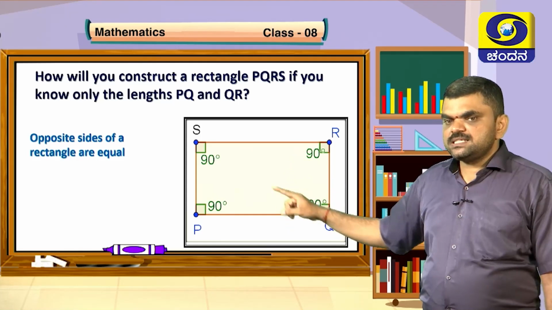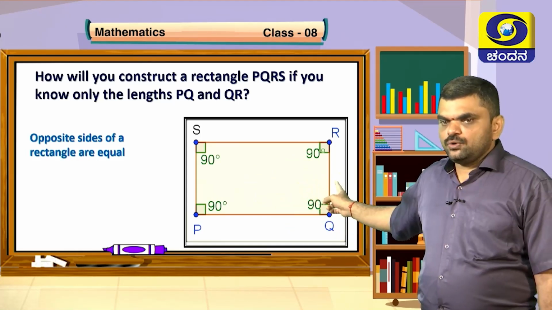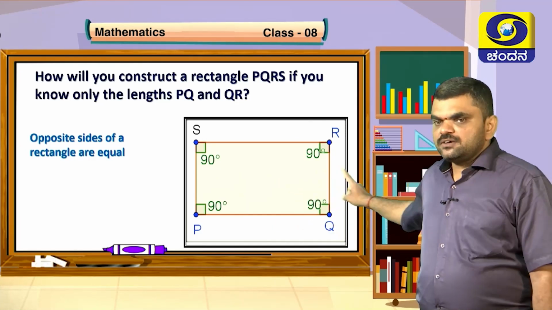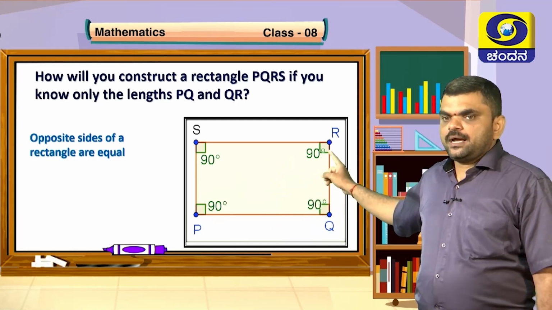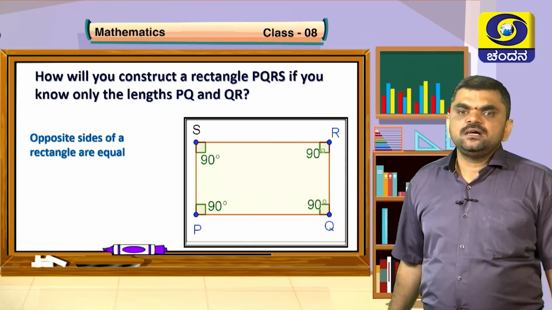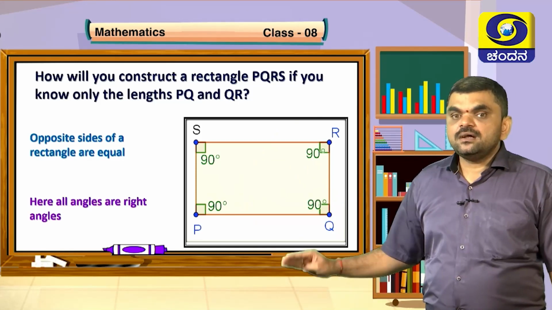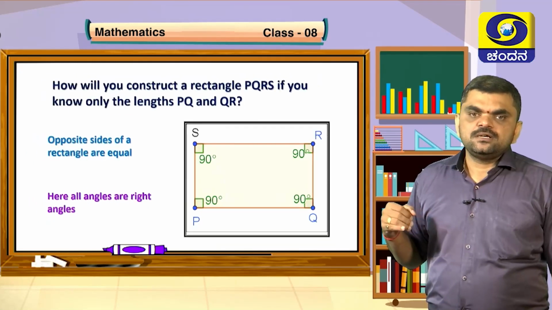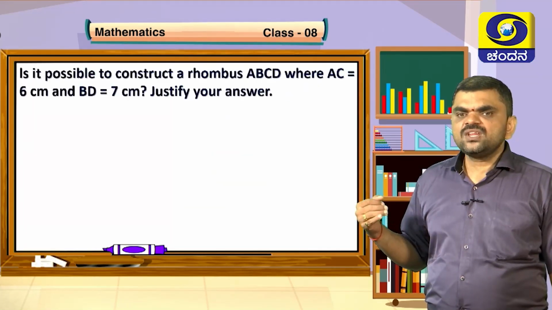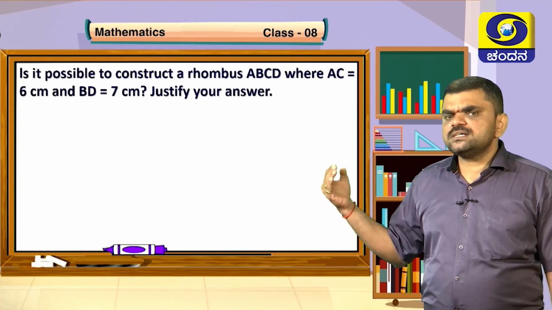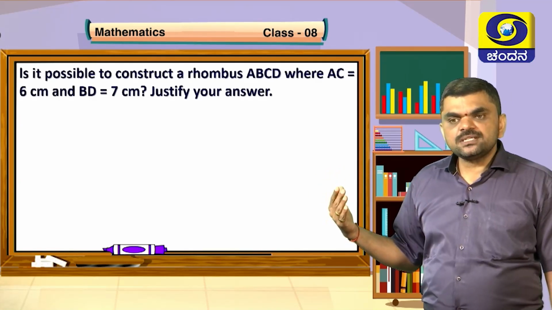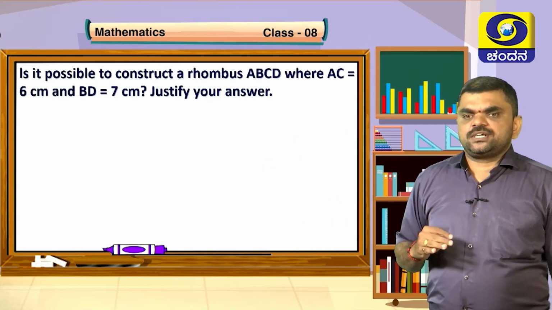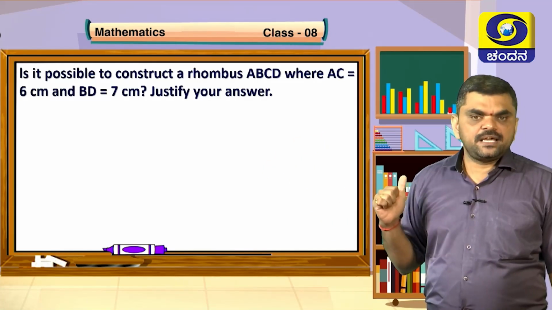That is, PS and QR are equal, as well as SR and PQ are equal, and the 4 angles, that is angle P, angle Q, angle R and angle S, are 90 degree here, children. Here all angles are right angles. So now they asked us to construct. Is it possible for us to construct? Yes, it is possible for us to construct a rectangle there, children.